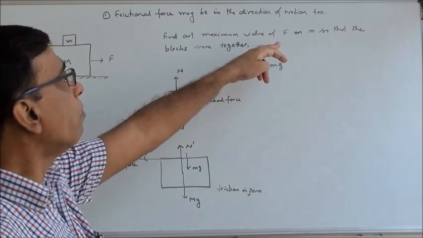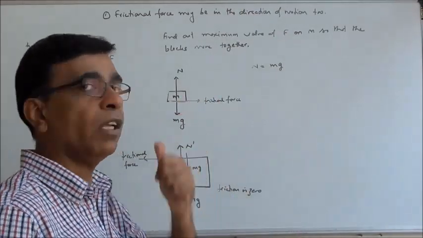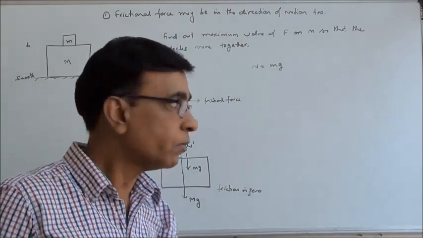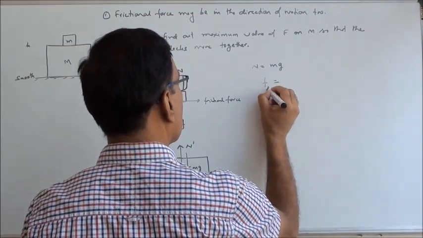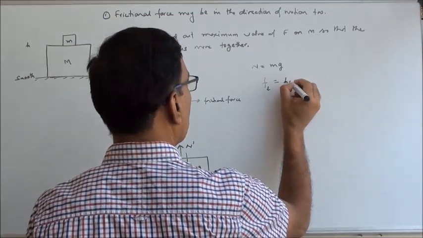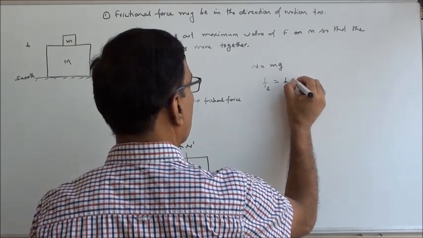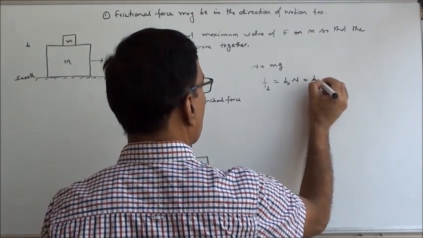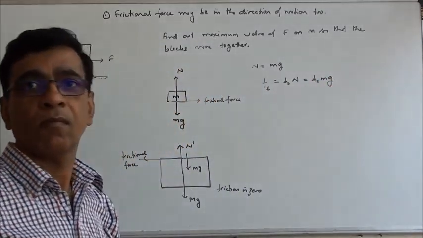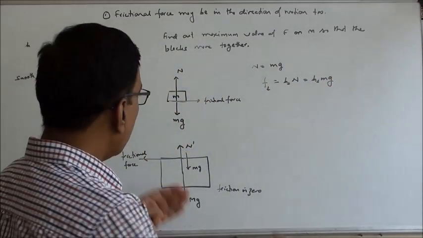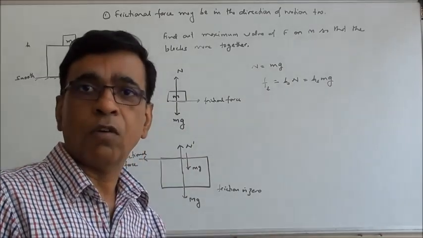And we are asking for the maximum force, which means we have to take the limiting friction. How much is that limiting friction? I am writing mu s into N, and N is mg. These are accelerating in the forward direction.